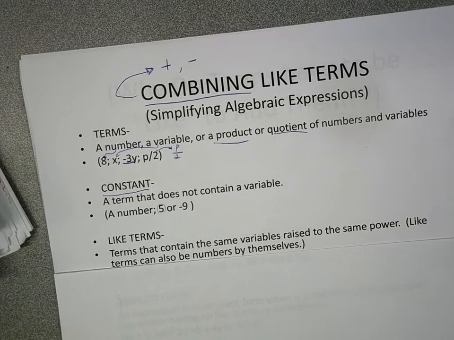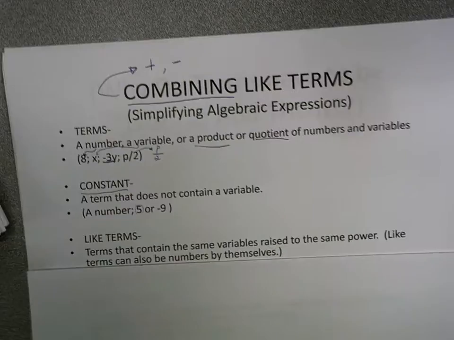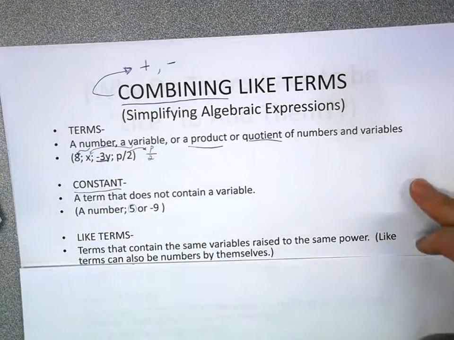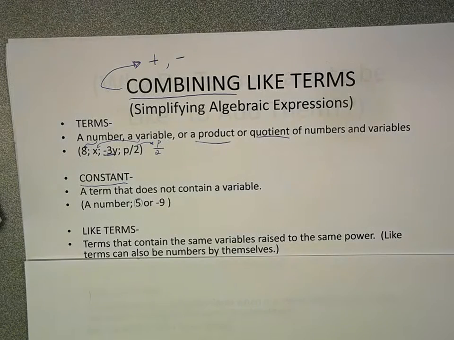These are terms that contain the same variables raised to the same power. So like terms can also be numbers by themselves. Okay, so that's something else you'll need to know.